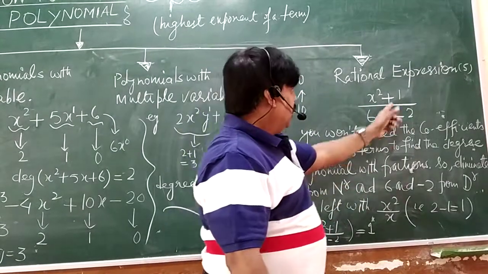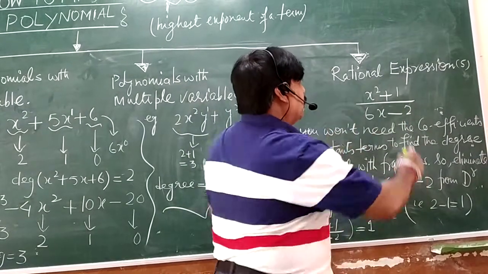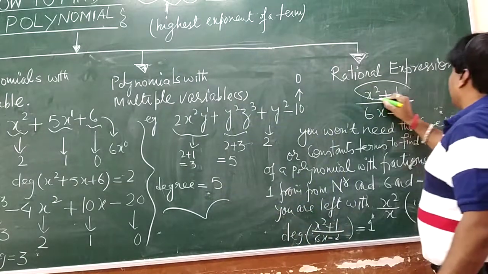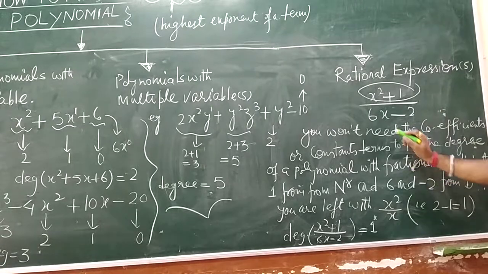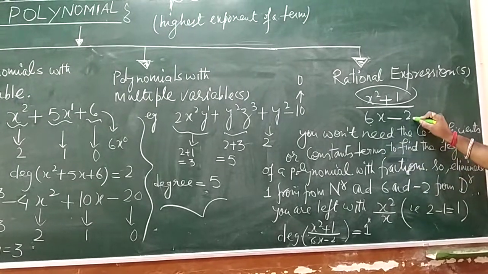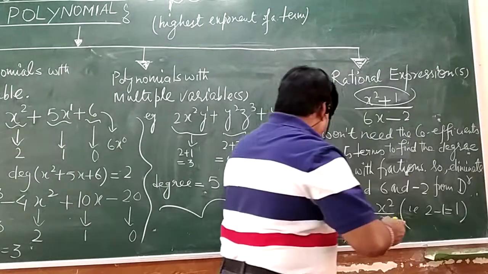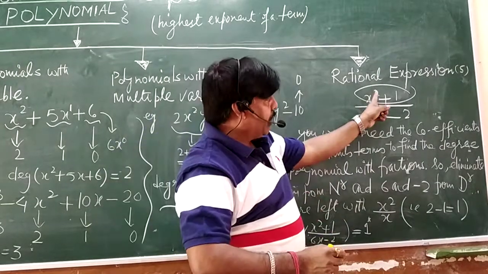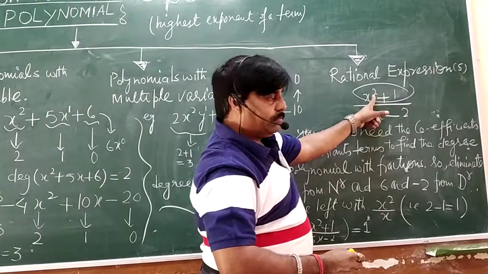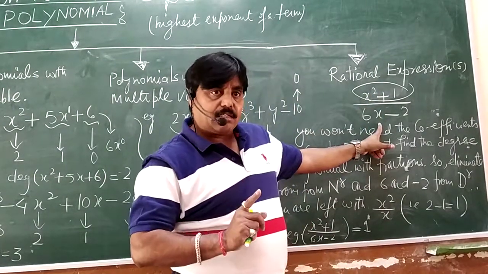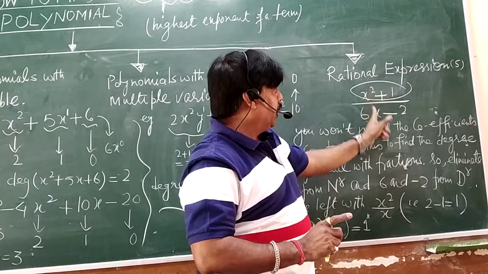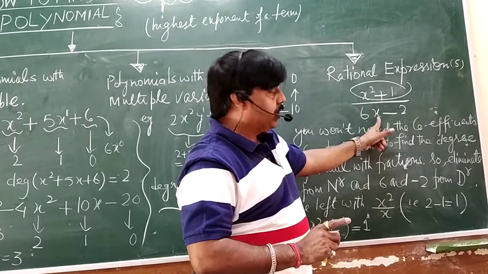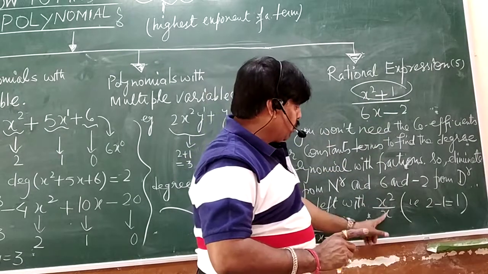Eliminate 1 from the numerator and this 1 from the denominator. We will eliminate 6 and minus 2. Now you are left with the variables. Here is x square, and here the variable is x. इनको छोड़ दीजिए. केवल variable देखिए. x square over x.